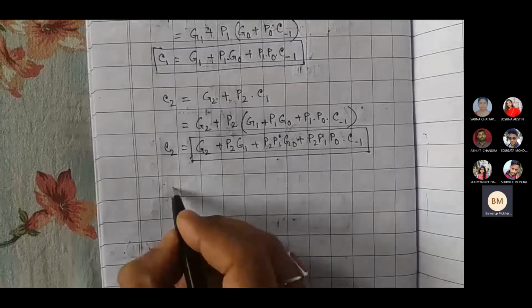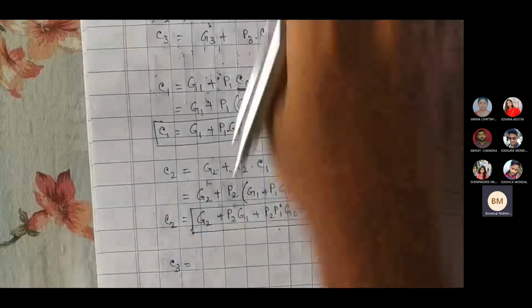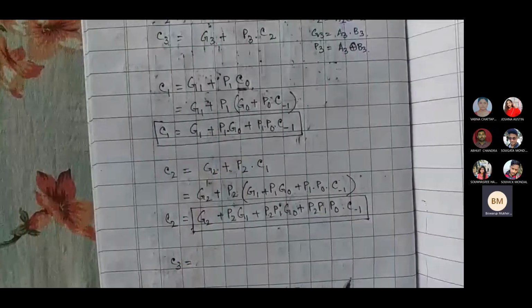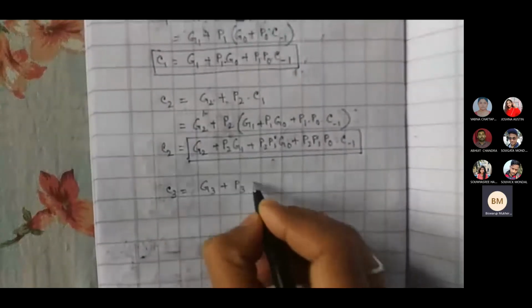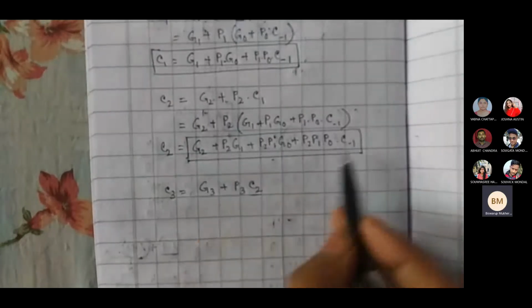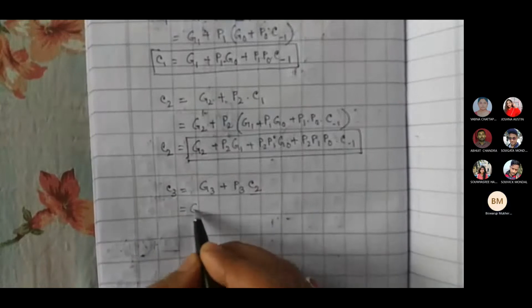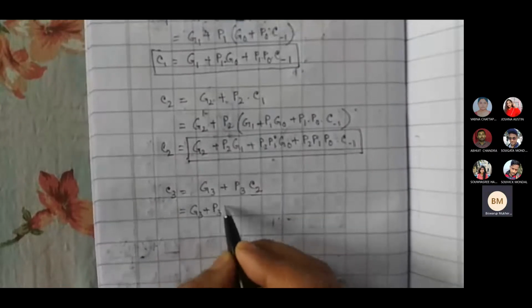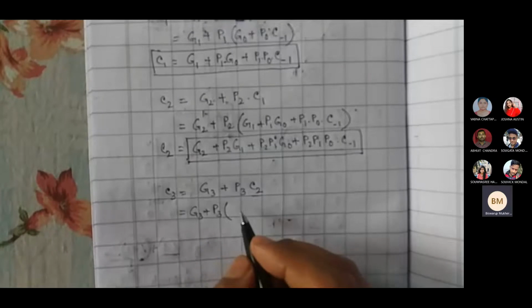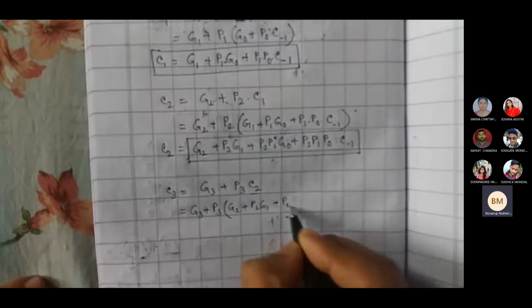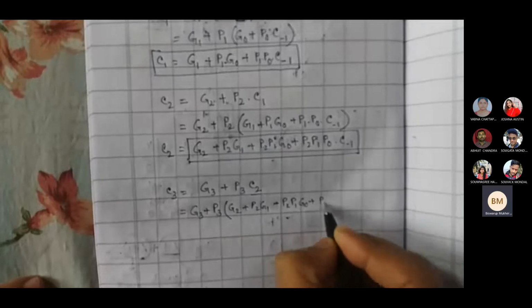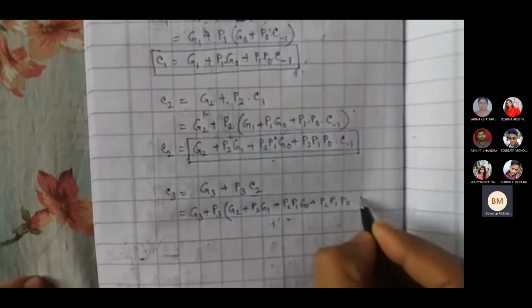Similarly C3, which was G3 plus P3 C2, let me write down that one, G3 plus P3 C2. That C2 can be replaced by this, again the same way, G3 plus P3 multiplied by G2, P2 G1 plus P2 P1 G0 plus P2 P1 P0 dot C minus 1.